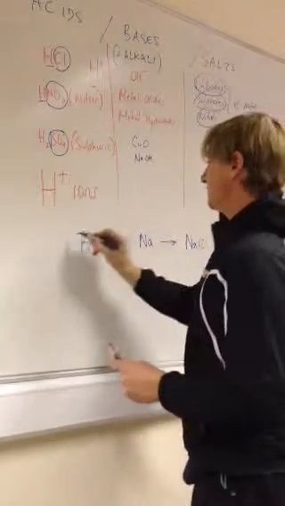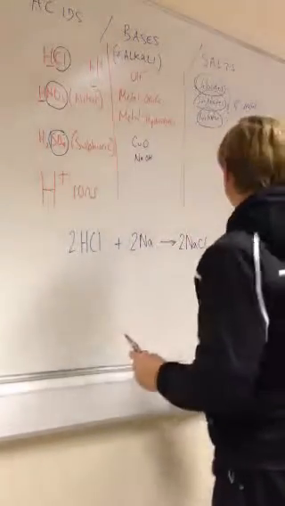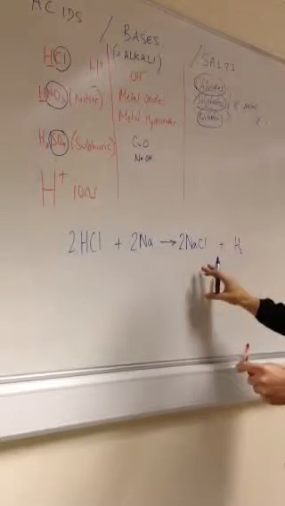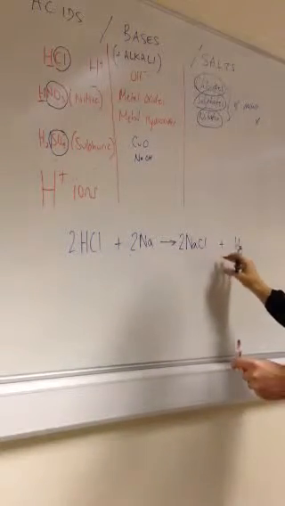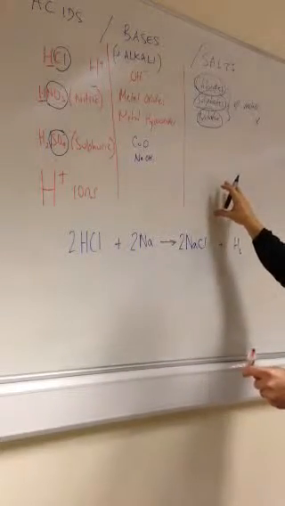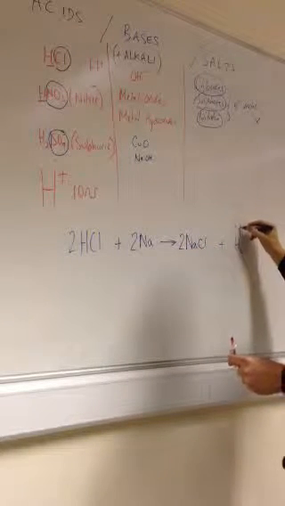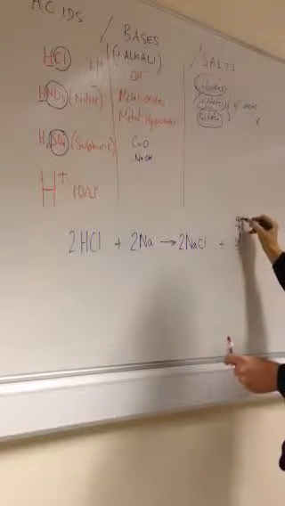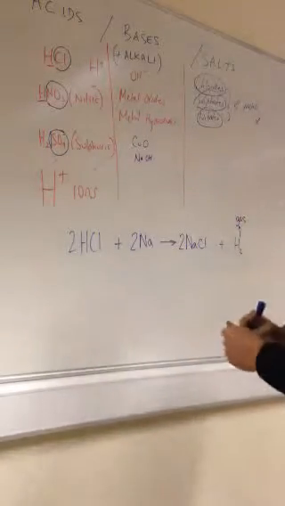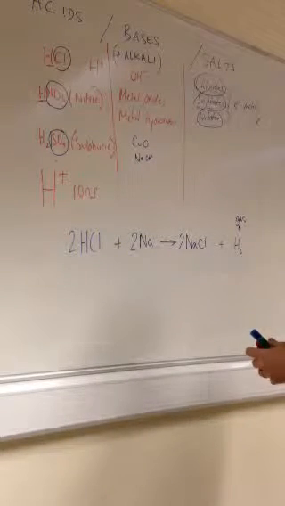And in this situation, 2, 2, 2, we have formed a salt, which is a chloride of sodium, and with a metal, remember, with a base it formed water, but there's no oxygen here, so it just forms hydrogen gas. Okay? And so once again we need to learn acid plus a reactive metal goes to salt plus hydrogen.